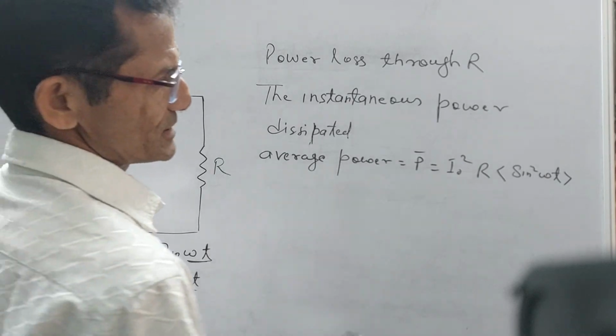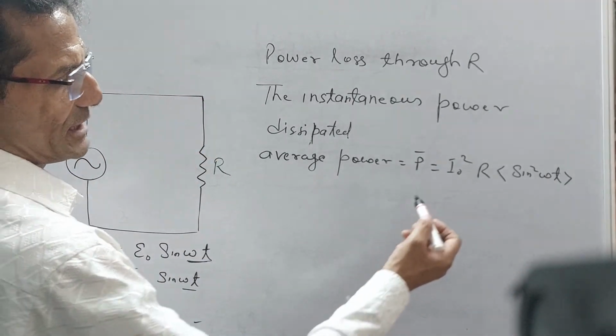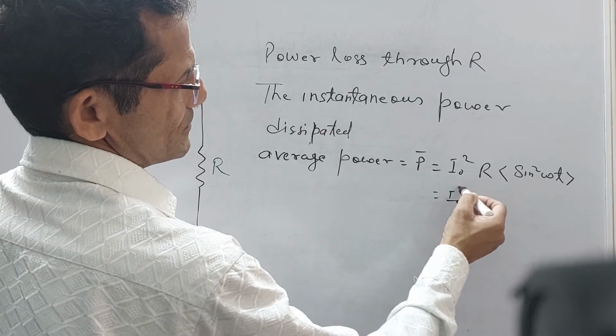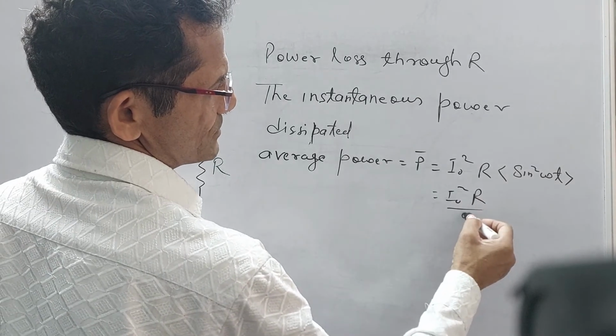We know from trigonometry that the average of sin square omega t is 1 by 2.